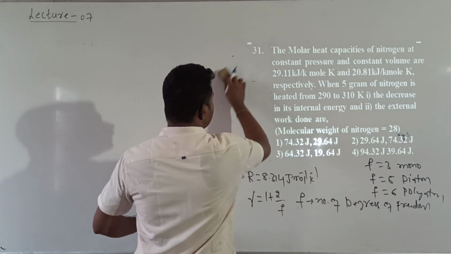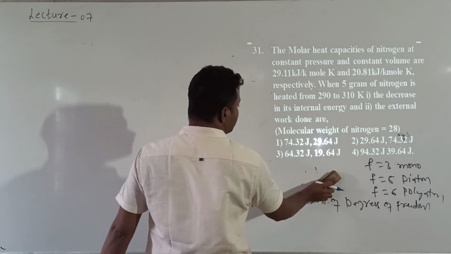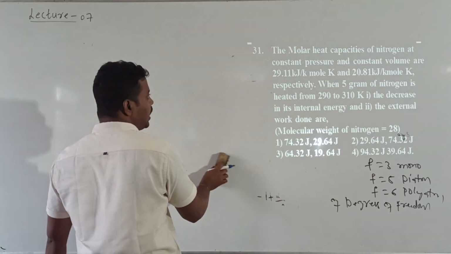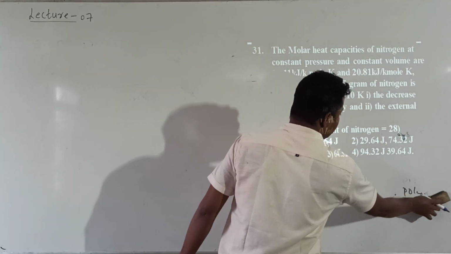Question number 31 is: the molar specific heat capacity of nitrogen at a constant pressure and volume are given.